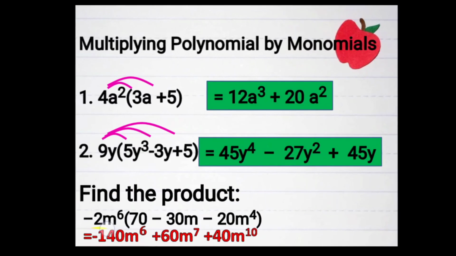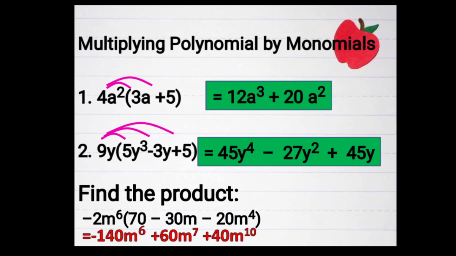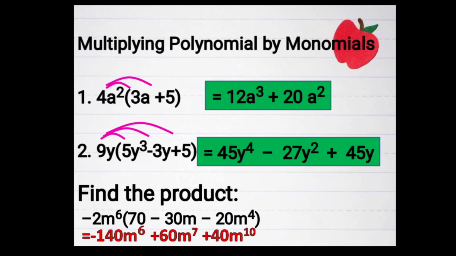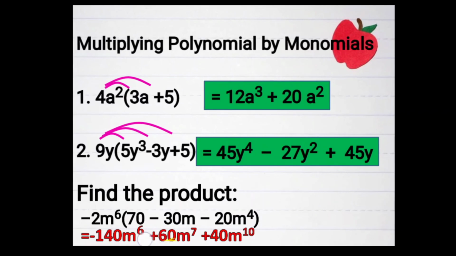Negative 2 times 70 is negative 140. Then copy m to the sixth, because there is no m beside 70. Then negative 2 times negative 30, that is positive 60. That's why we have here plus 60.